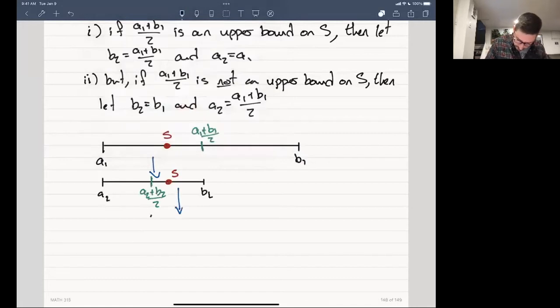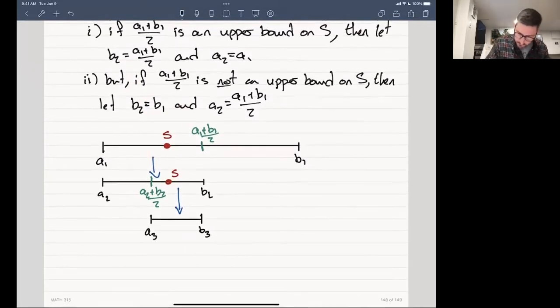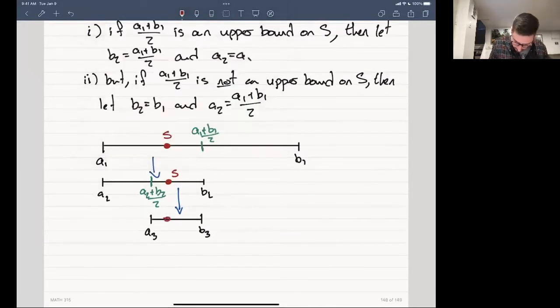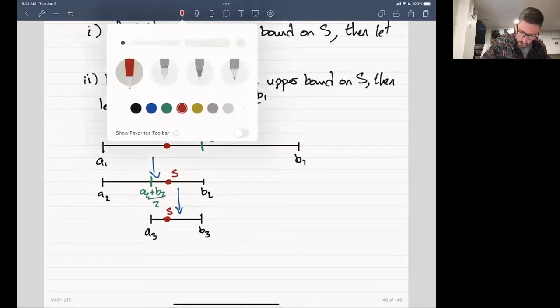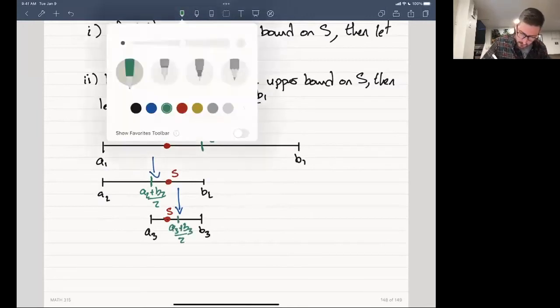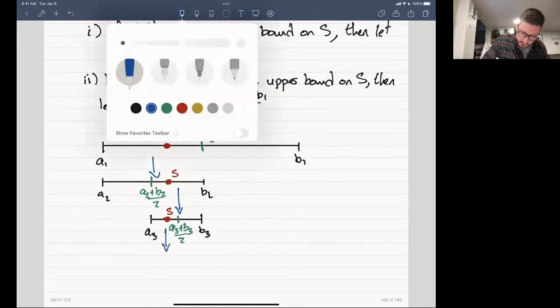So now you have another half interval. So you have B3. If you just keep using the same repetition between case 1 and case 2 above, just increasing the index, you have A3. Now you can see that you have S lying right here. Let's draw one more example. Again, I'm going to take the half interval here, (A3 plus B3) over 2. You can see it lies in the left half, so you're going to choose that interval now.